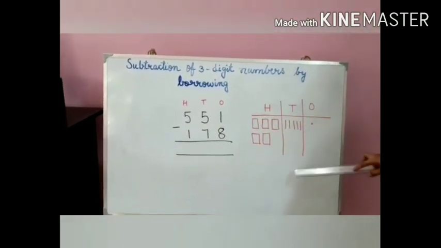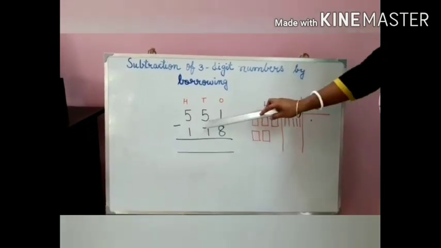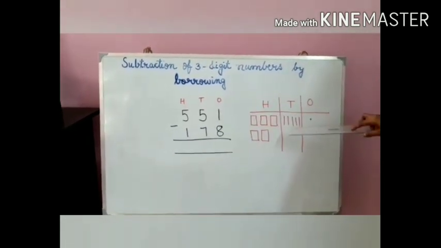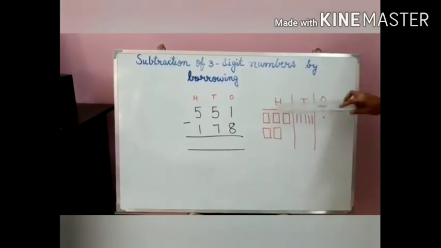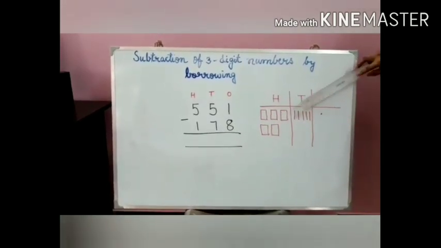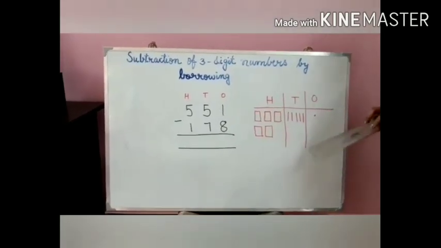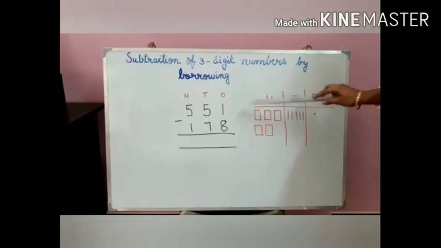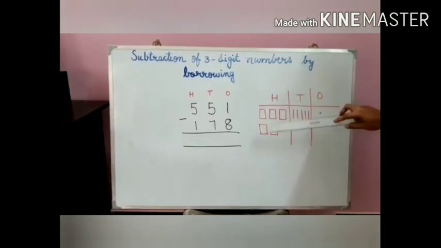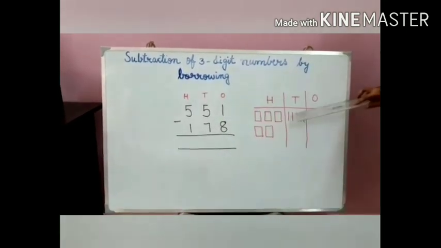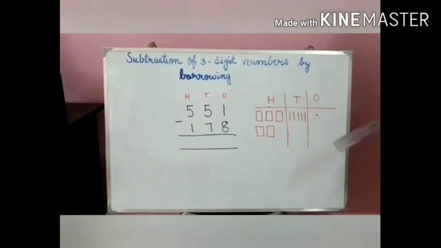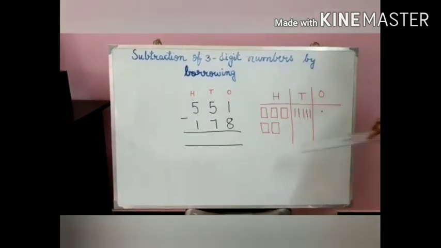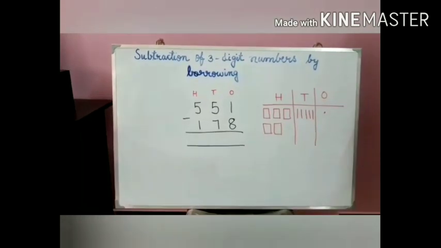Now here you see children, I have broken 551 into ones, tens, hundreds to clear your concept. For 500 I have given 5 blocks, for 5 tens I have given 5 lines, and for 1 one I have given 1 dot.